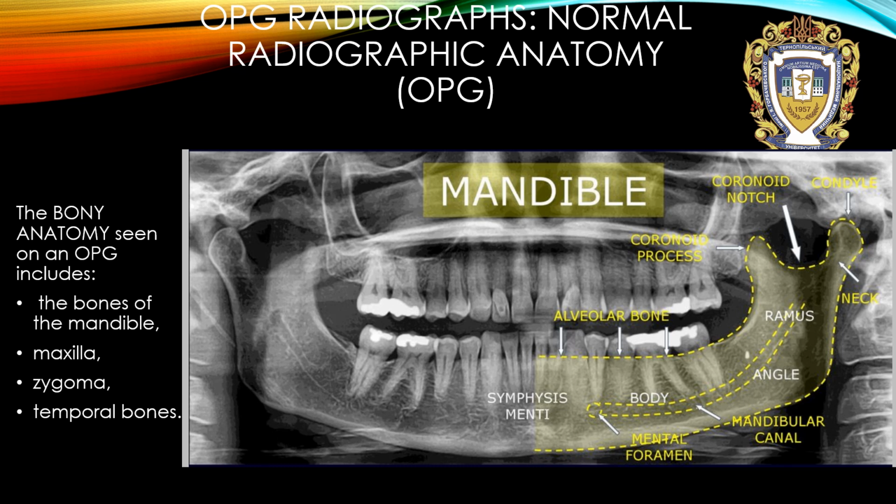On the mandible we can observe condylar process, neck, coronoid notch, coronoid process, ramus of mandible, angle of mandible, body of mandible, symphysis menti, mental foramen, and mandibular canal. Of course, level of alveolar bone.